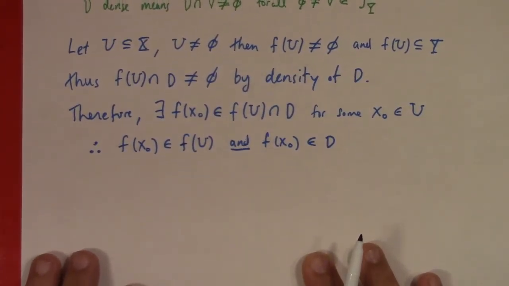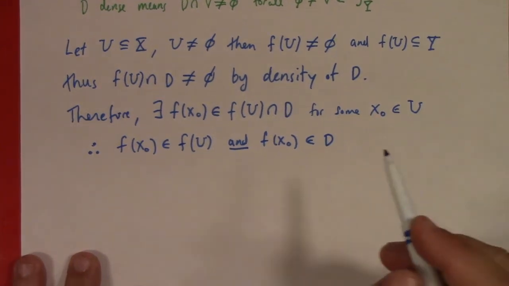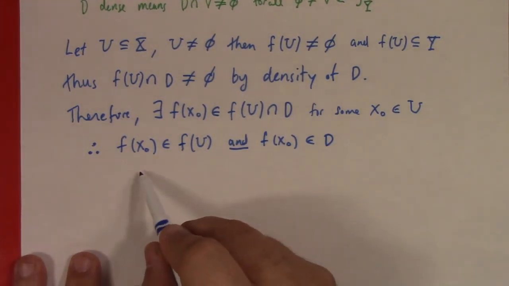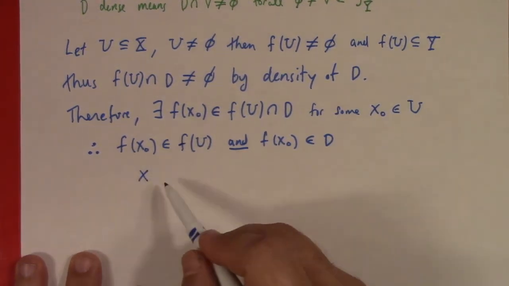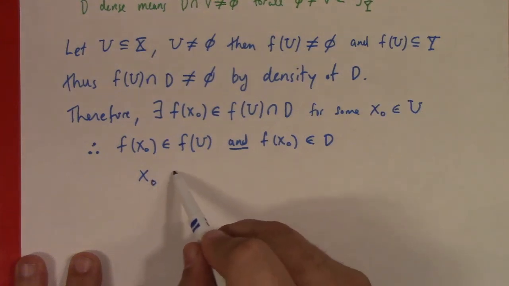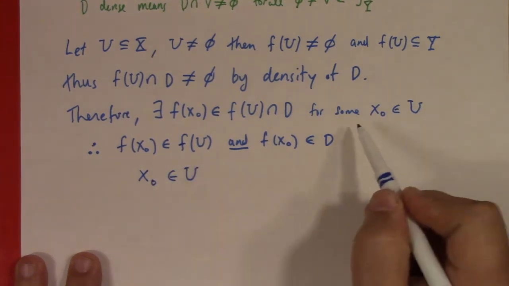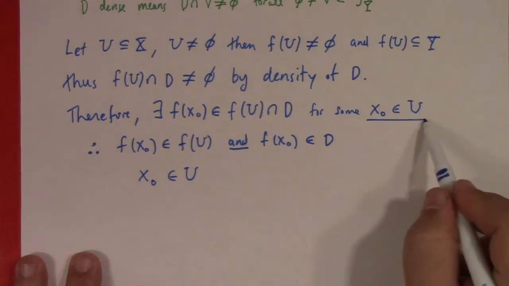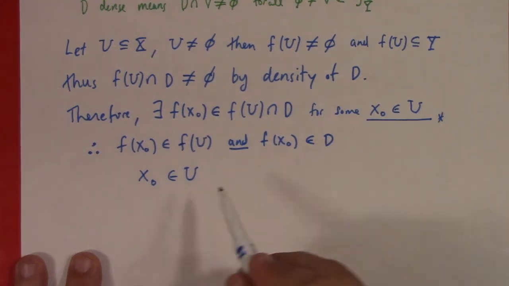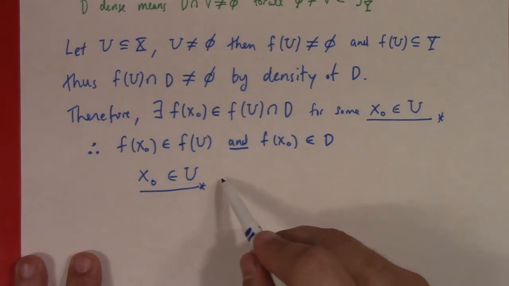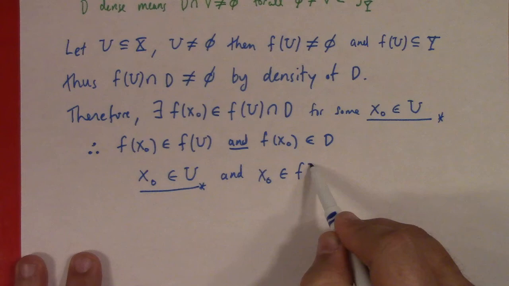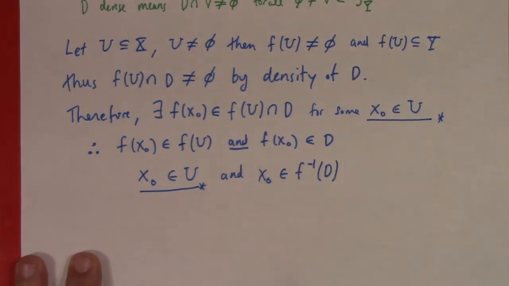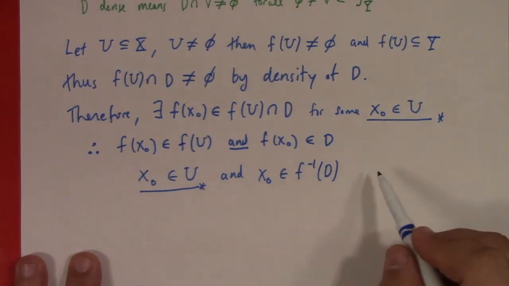All right, what does that tell us? Well, that tells us that x naught is an element of U. I already said that back up here, right? And this right here tells me that x naught is an element of F inverse of D, right? And so what's this all tell me?